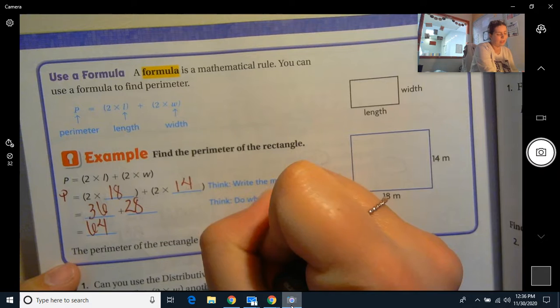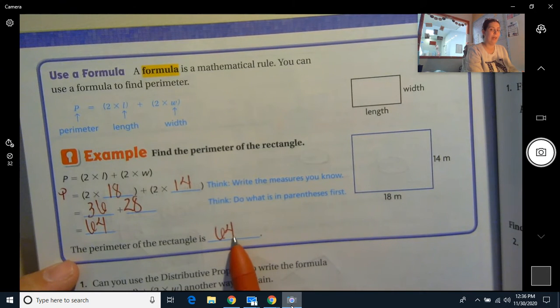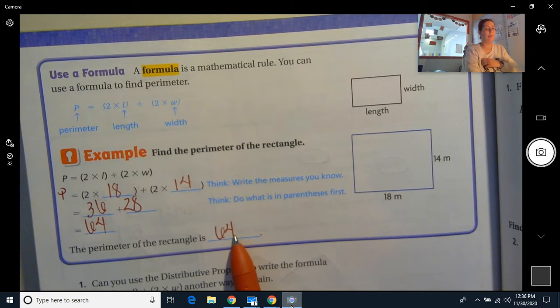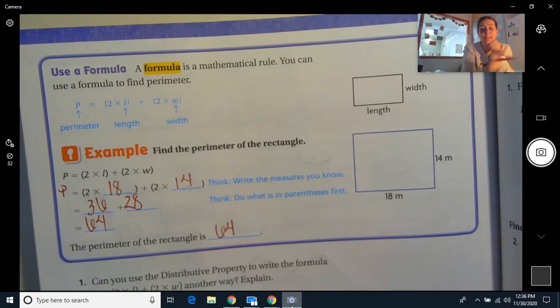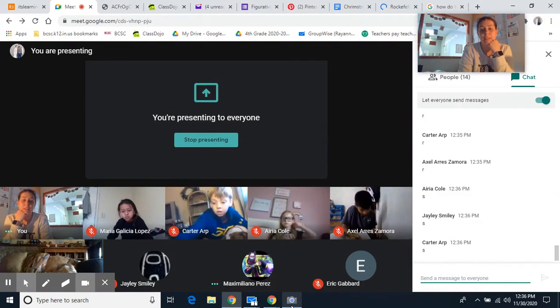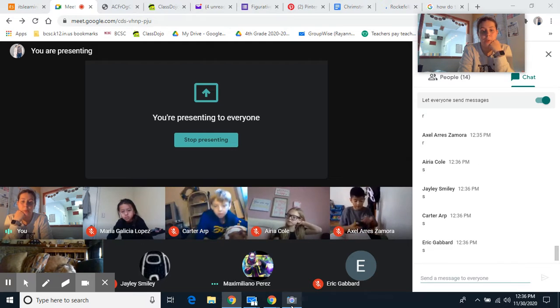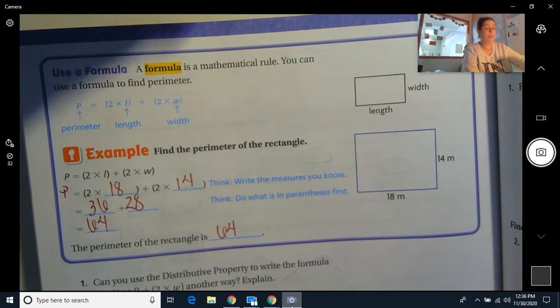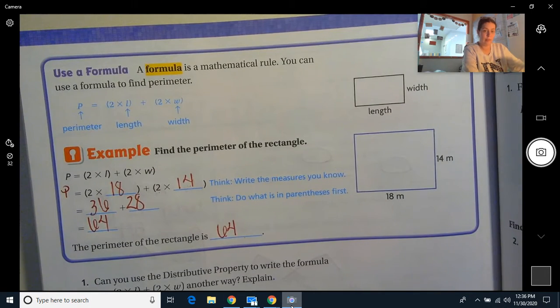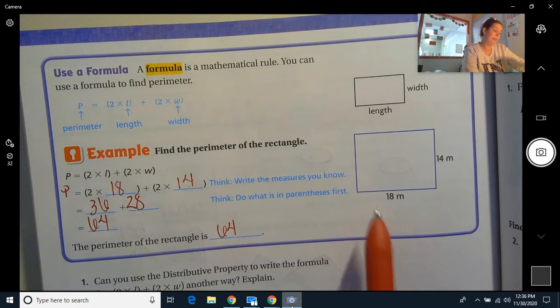What ending do I need to have or label with my 64 for perimeter? If you would like to answer that, comment in the chat with an S. Okay, Carter Arp, go ahead. What would be my label on this? Feet.